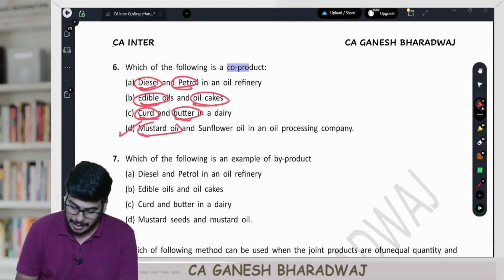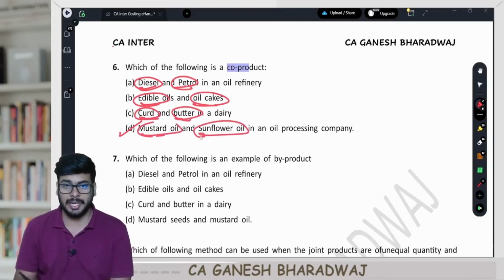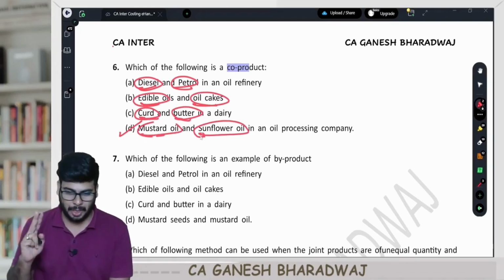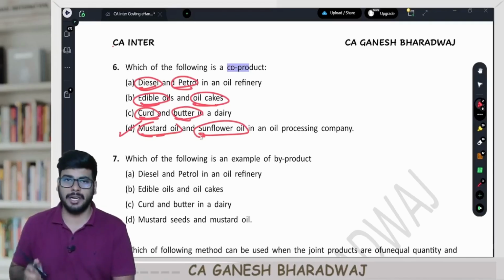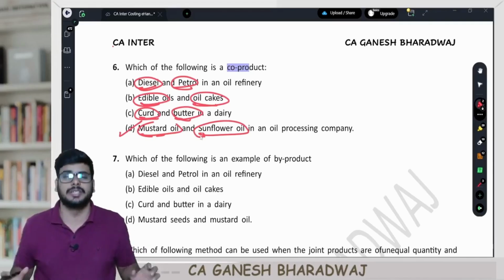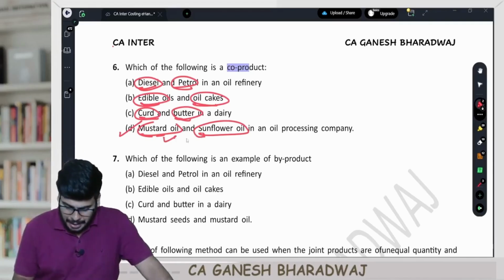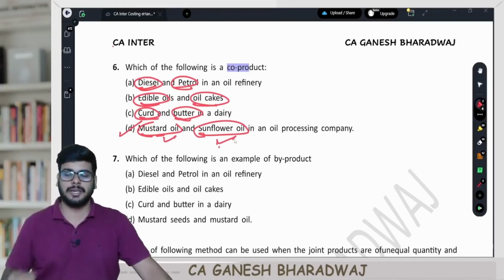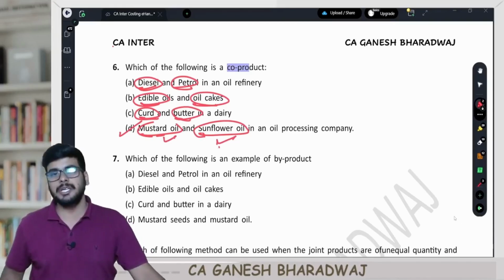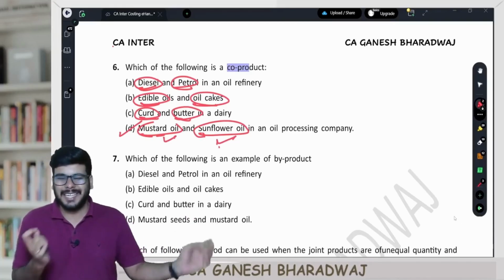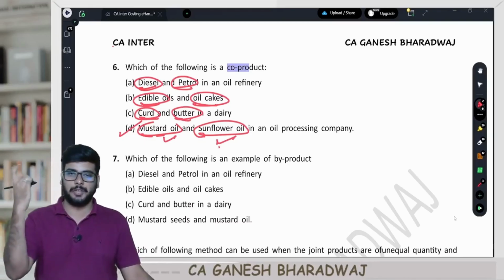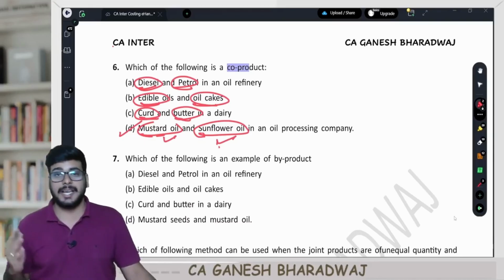Whereas mustard oil and sunflower oil can come from the same process, right? But it is not necessary that they need to be processed together only. Separately also, if you want, you can process. Maybe this company is doing it like this. That is the fine line of difference between joint products and co-products.